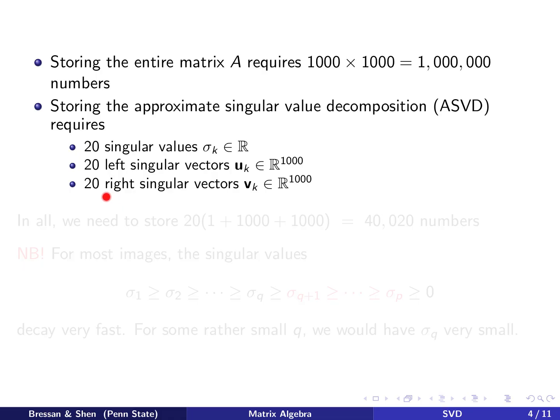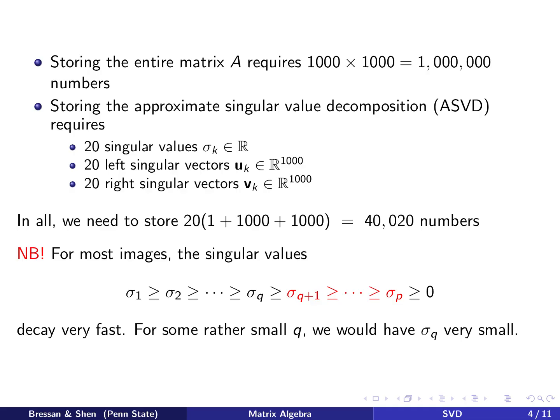And then we need 20 right singular vectors vk, which are also vectors of length 1000. So we can add up: 20 times 1 is the number of singular values, and 1000 is the length of each vector, and 1000 is the length of the other vector. And then you calculate that, you see you need about 40,000 numbers. So comparing 40,000 to 1 million, this is much less.